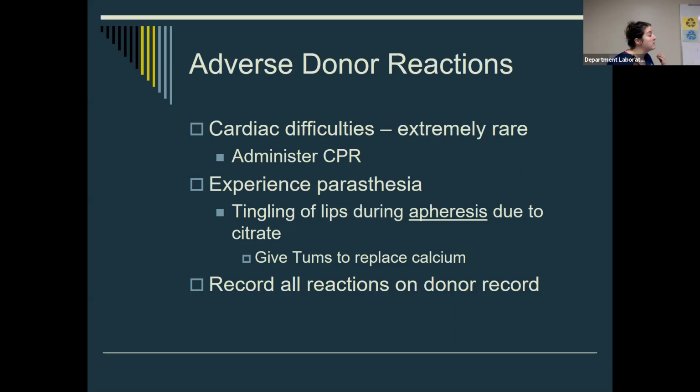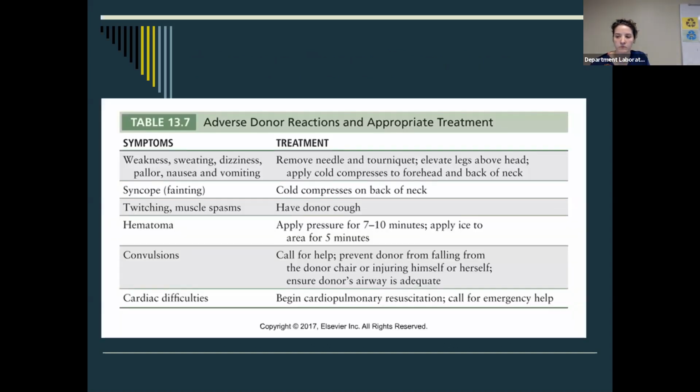If your donor has one of these adverse reactions while in your presence, you will document these adverse reactions to let the collection facility know for future, right? So maybe your patient fainted on you, you definitely want to keep record of that. Okay. And then here's some adverse donor reactions with appropriate treatment.